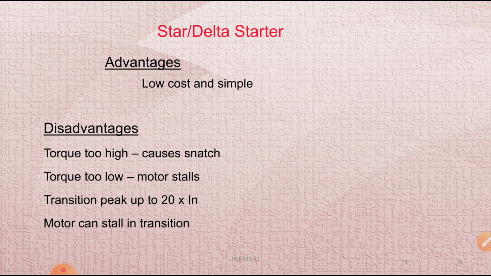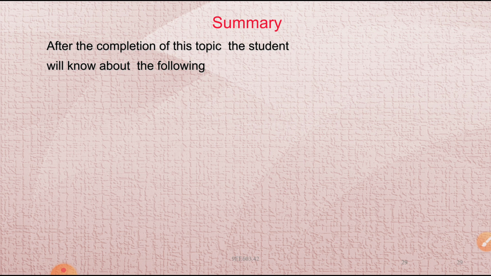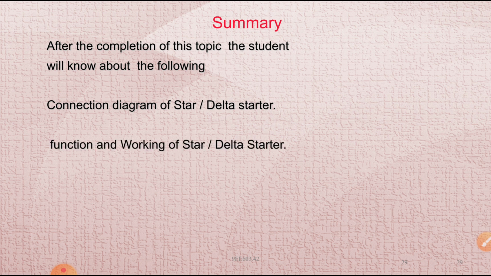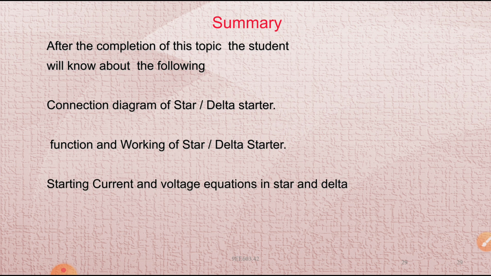Let us summarize what we have seen in this class. After completion of this topic, the student will know about the following: the connection diagram of the star delta starter, its function and working, the starting current and voltage equations in star and delta relations, and finally the relation between starting and full load torque equation, as usual.